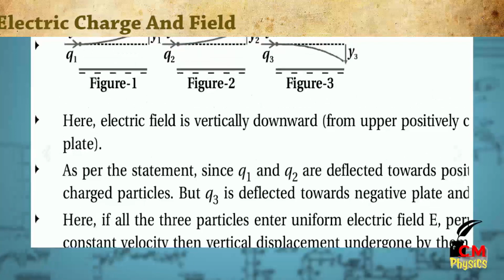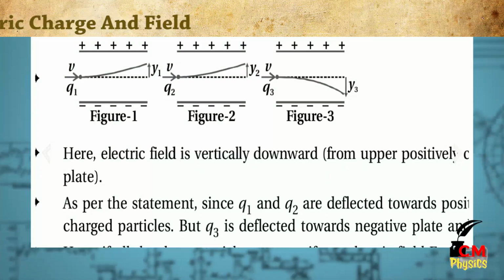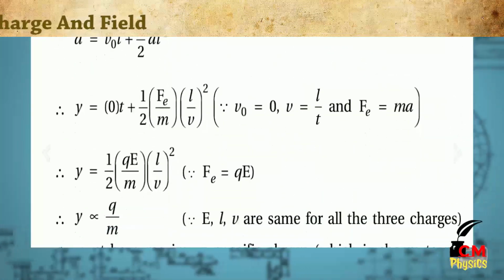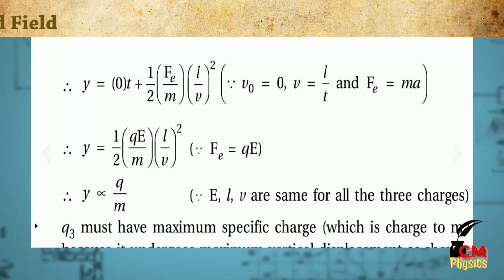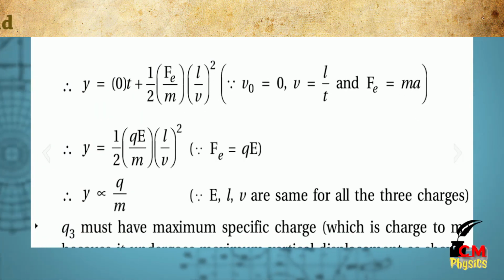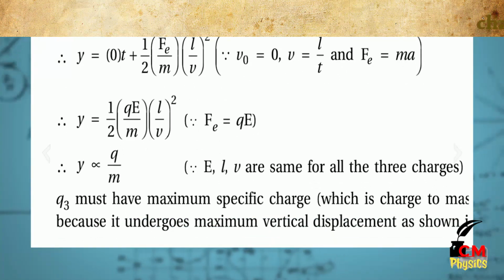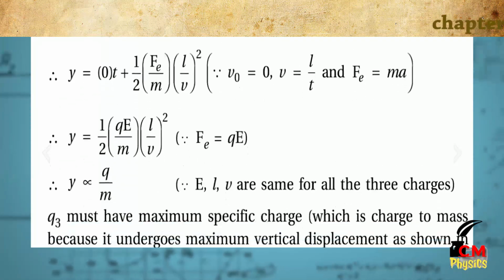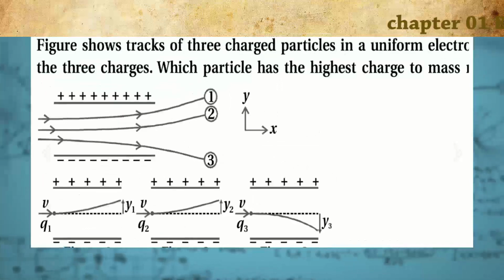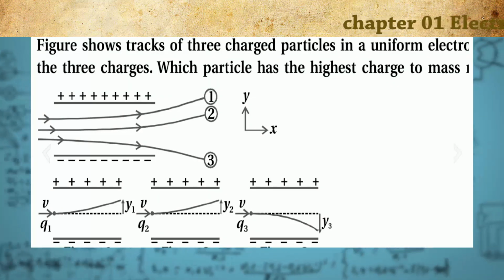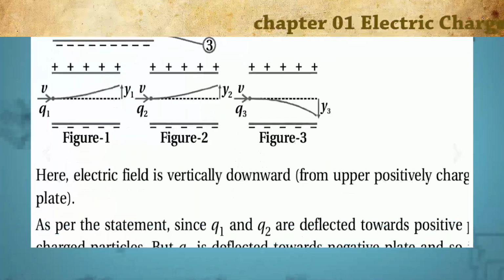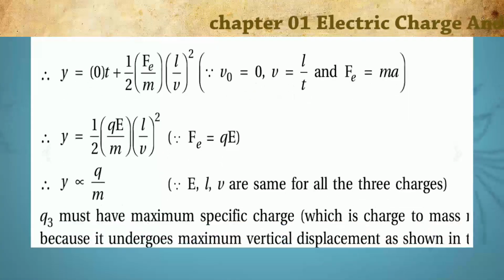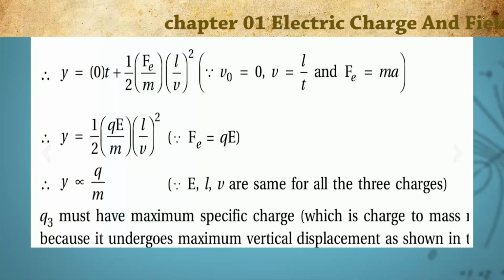Distance means the length of the plate is L, therefore time is L upon v. After calculation we get that y is directly proportional to Q by m, and maximum y is for particle 3, maximum displacement, therefore its charge ratio Q by m is greater.